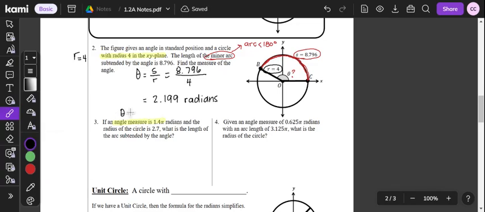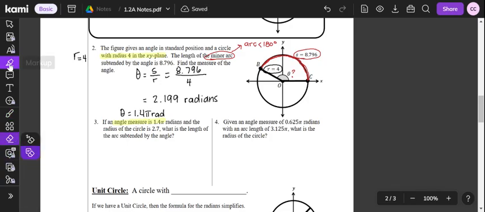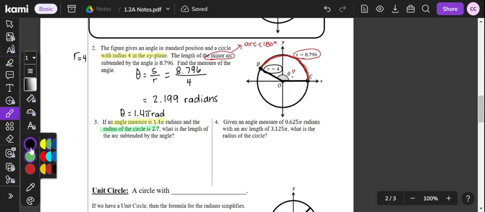So I know theta is equal to 1.4 pi radians. Okay, I can also label that the radius of the circle is equal to 2.7. So I know r is equal to 2.7. And it says, what is the length of the arc subtended by the angle? In other words, what is the arc length? What's S?